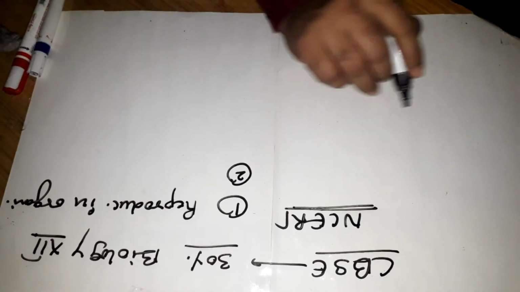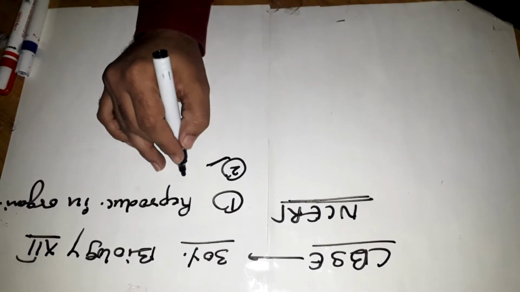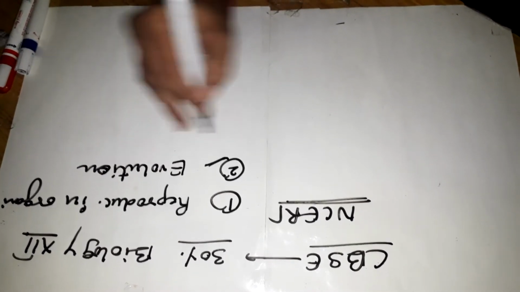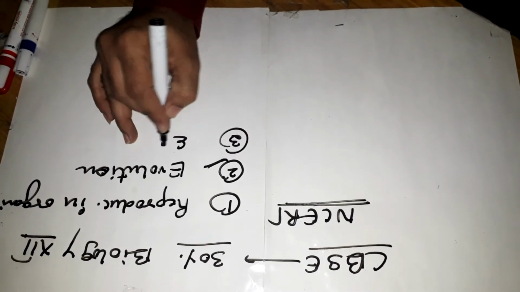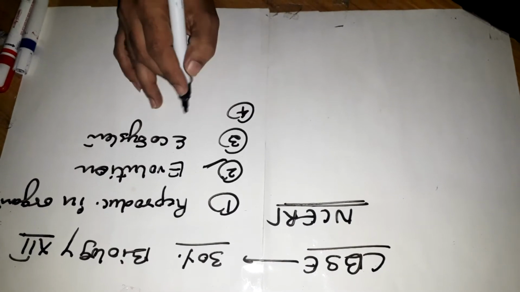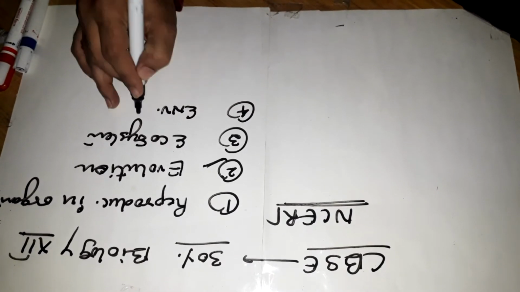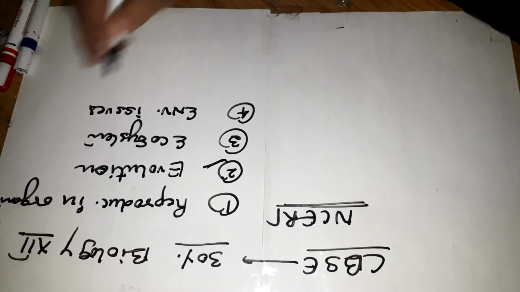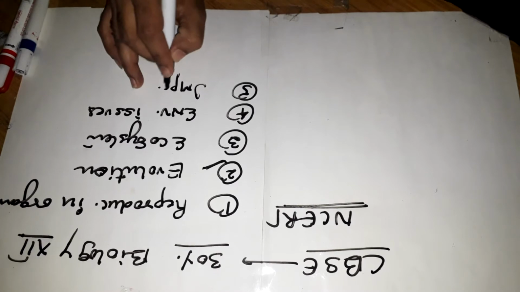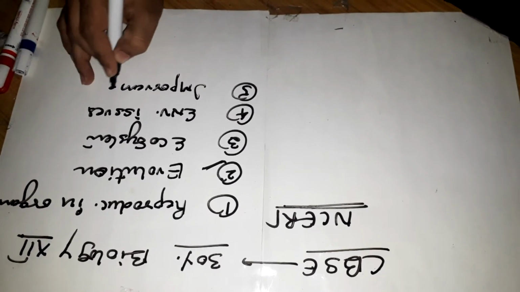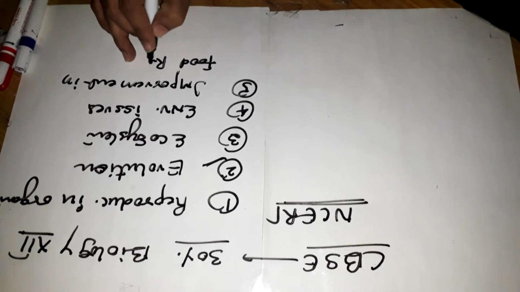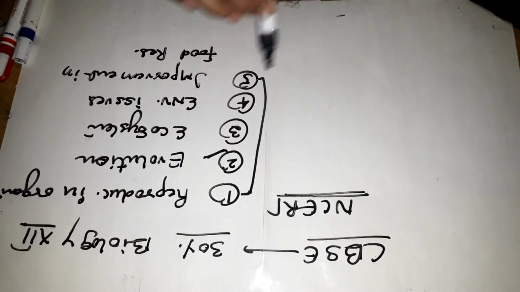Second, evolution. Third, maybe ecosystem. Fourth, maybe environmental issues. And then fifth chapter, improvement in food resources. So these chapters are deleted by the CBSE.